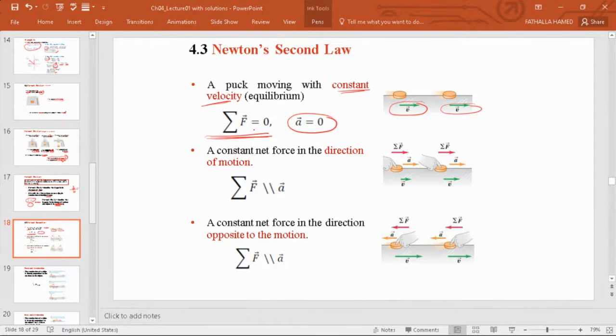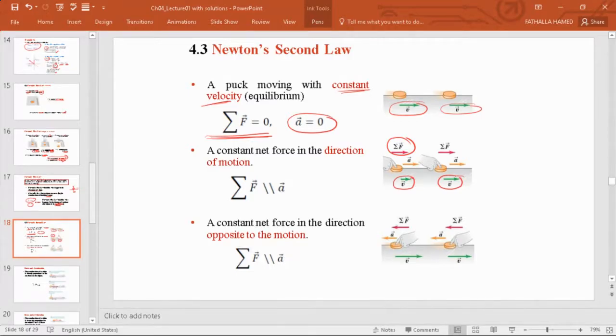What happens if you have a net force on the object? When there is a net force on the object, now if you look at the green arrow here, which indicates your velocity, and you look at the second situation here, you see that your velocity has increased in magnitude.